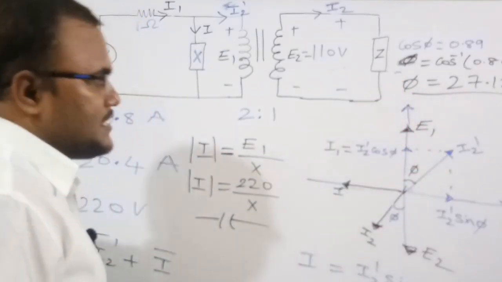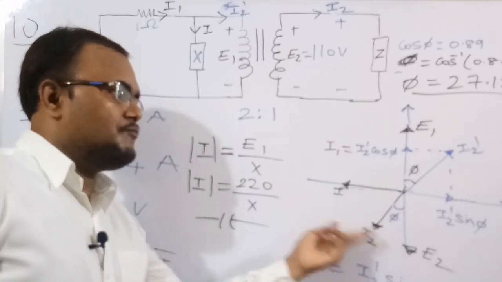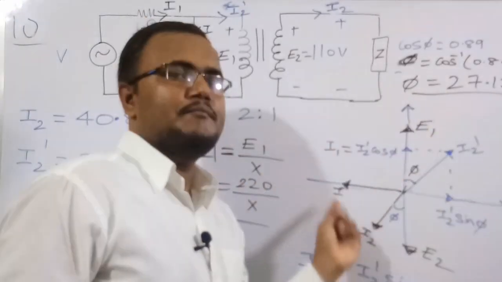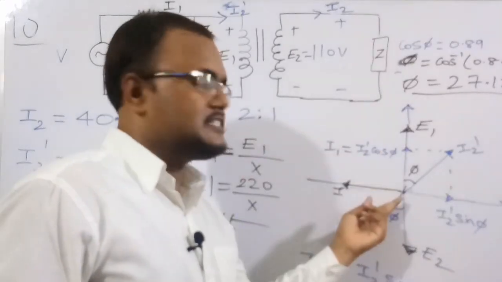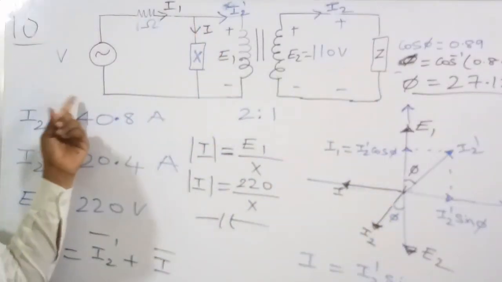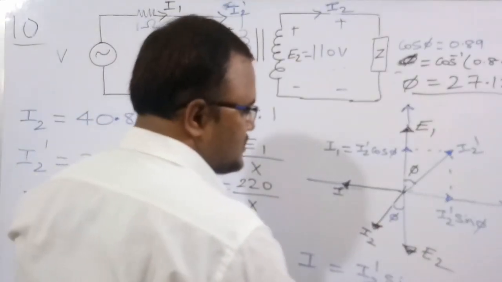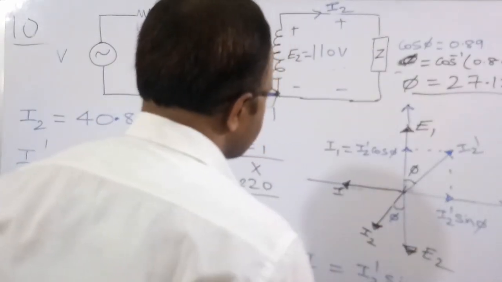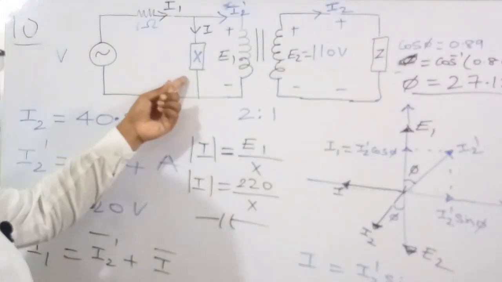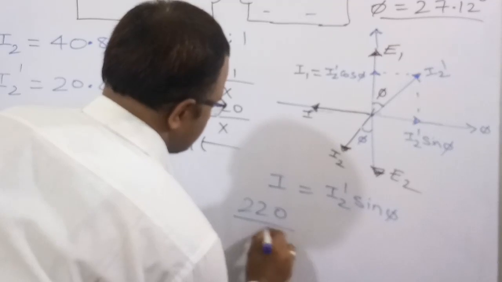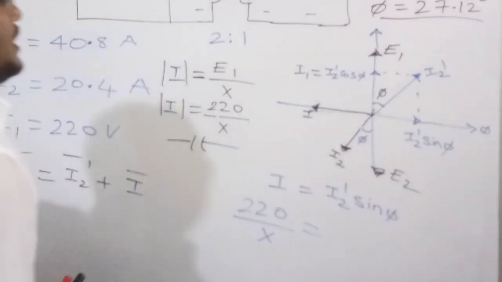So that is the reason: when we assume it is a capacitor, then only this will become a pure resistor, means cos phi unit power factor across the supply. So now we need to do I is equal to I2 dash sin phi. I is the current through this element, which is 220 by X, equal to I2 dash.